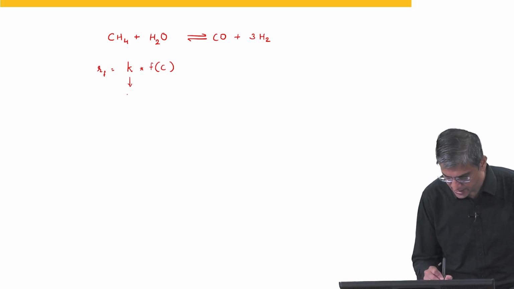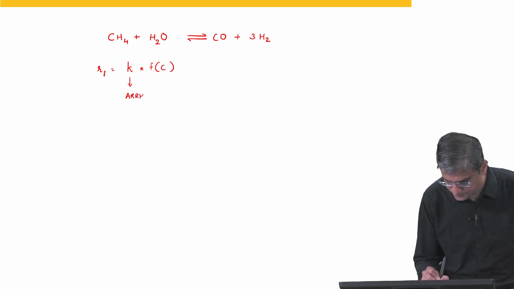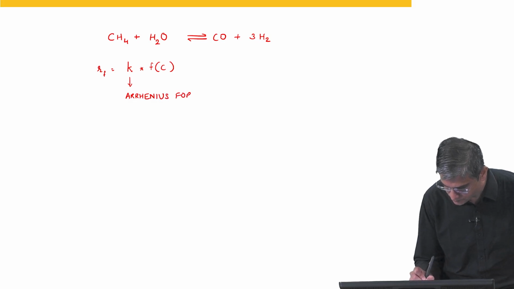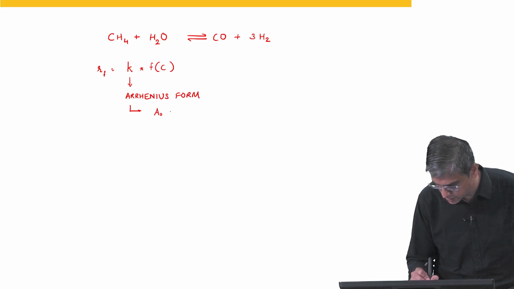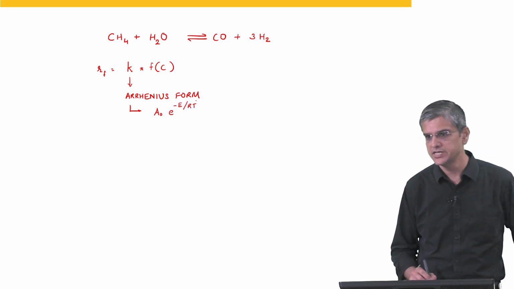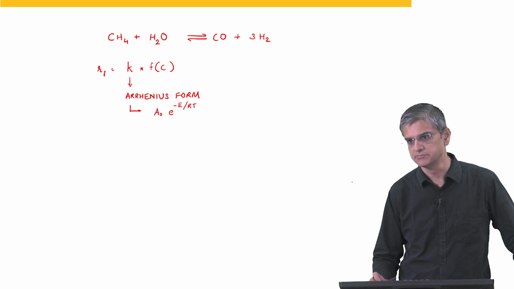The k has an Arrhenius form, and the Arrhenius form will typically look like A naught e to the power minus E by RT, where E is called the activation energy.